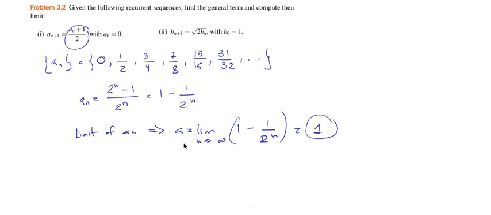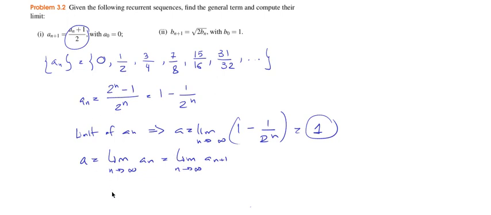Another way to compute the limit of a recurrent sequence like this is to call a the limit of a sub n, which is the same as the limit of a sub n plus 1, because the sequence only has one limit.